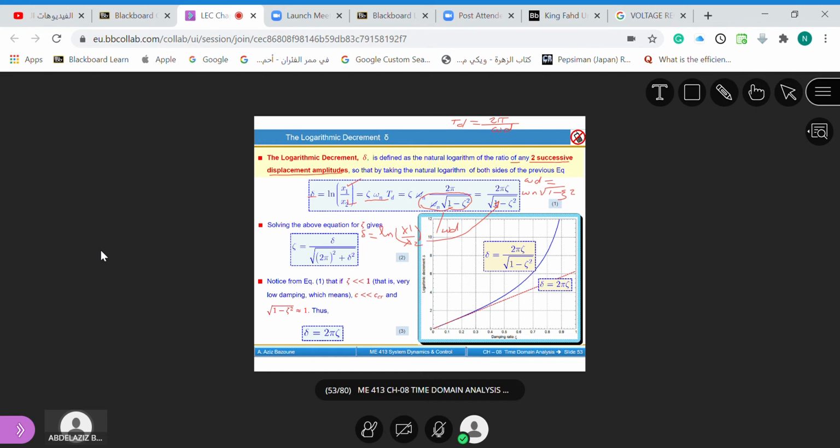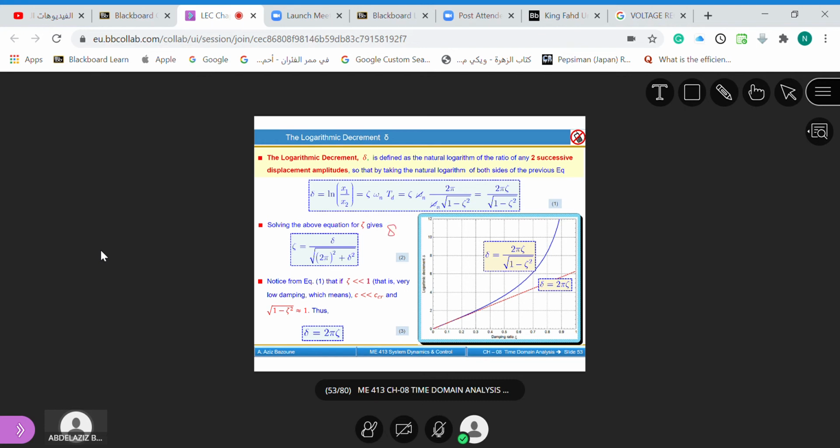Now, we can solve the other way around. We can solve for zeta, and we will find the amount of damping from here. So if we have the equation in terms of delta, we found it. It's a given value. We found it from the logarithm of the first amplitude over the second amplitude.